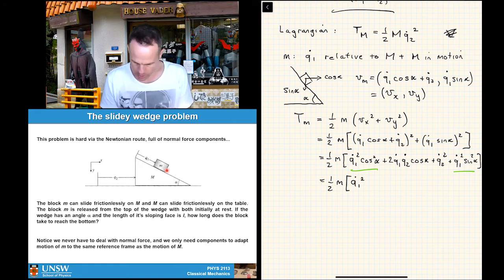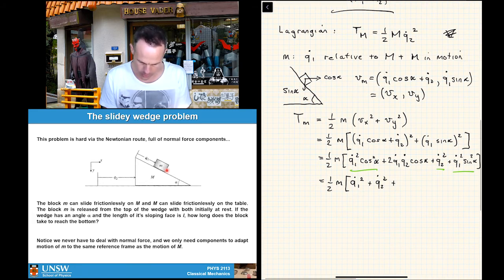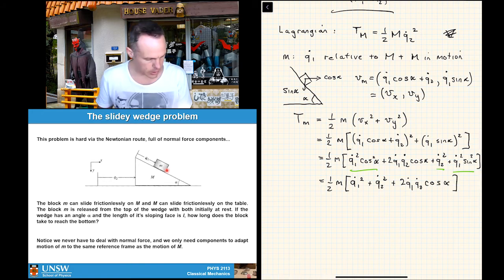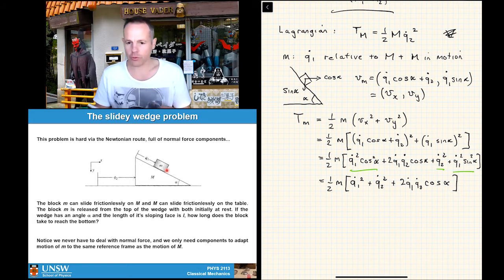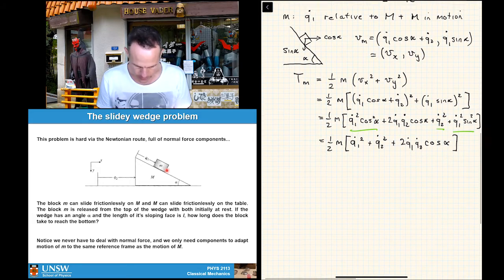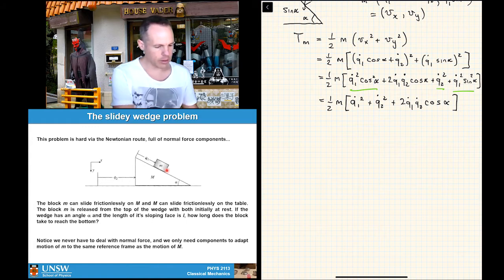We can next grab our q2 term, so plus q2 dot squared, and then we've got a mixed term on the end, 2 q1 dot q2 dot cos alpha, quite nicely. Okay, and all we've used is just cos squared plus sine squared equals 1, right? Okay, so now we can push on ahead.